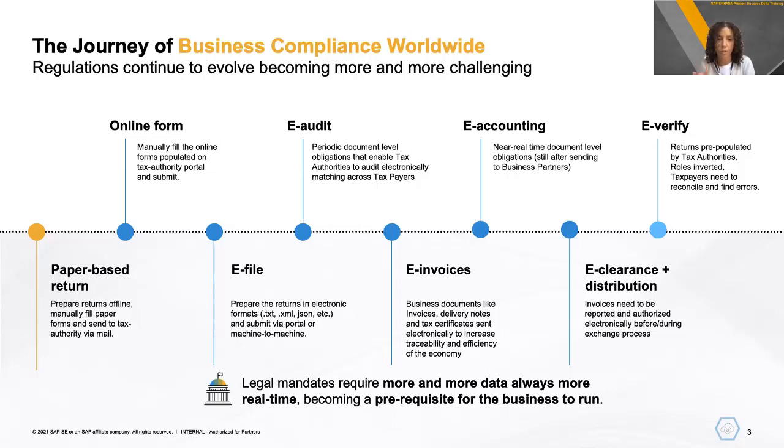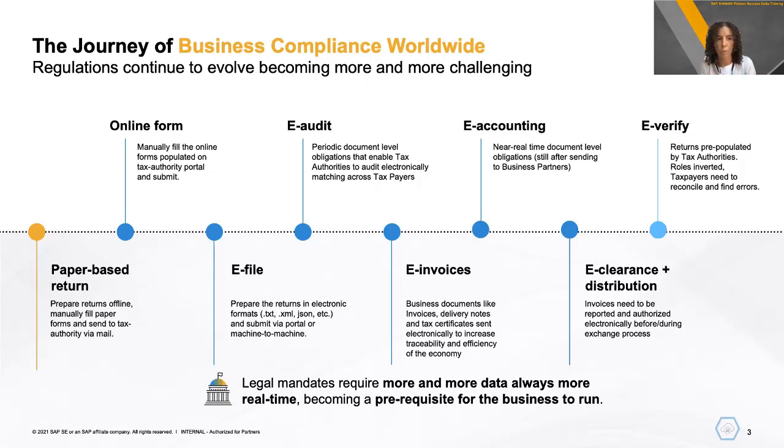But of course, 10 years ago, most of our customers were dealing with paper returns or online forms that they had to populate once per month, once per quarter, or even once per year. So, very aggregated reporting on a regular basis, and that was 99% of the countries with that type of requirement.